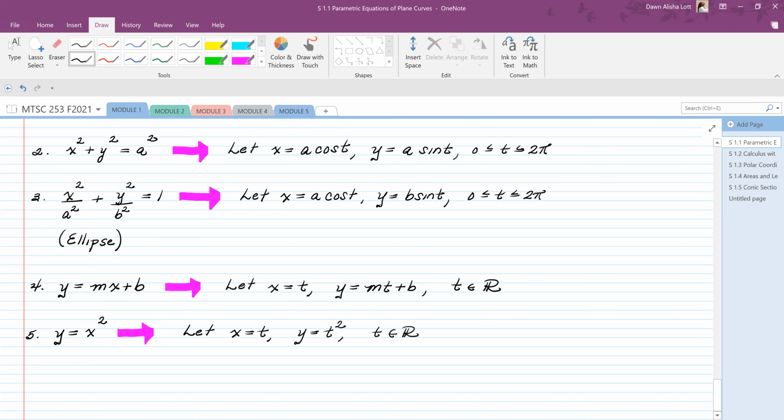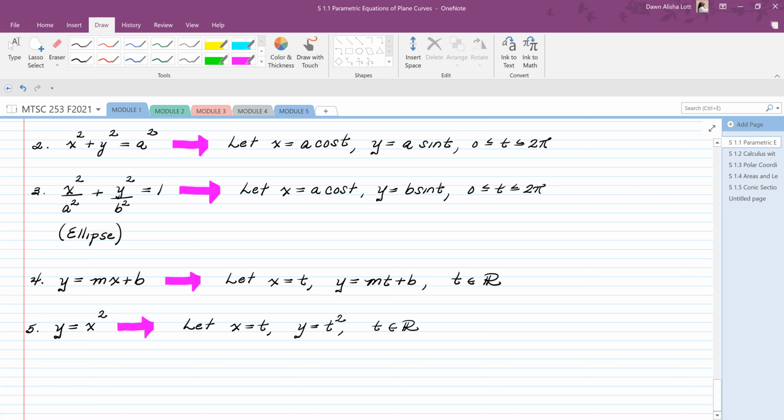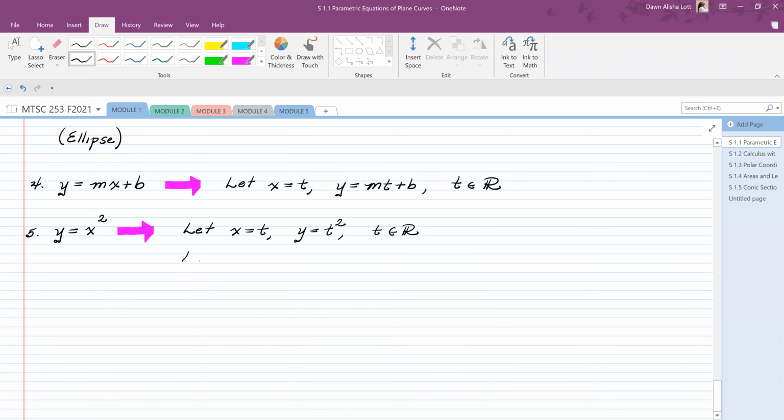All right. Or I can let x equal the square root of t and y equal t to the 4th. They'll both give me the same parameterization.